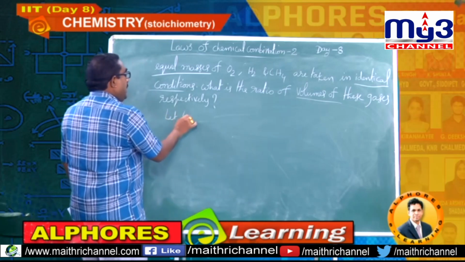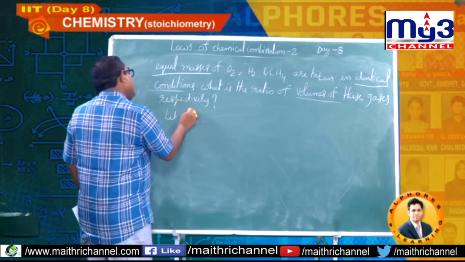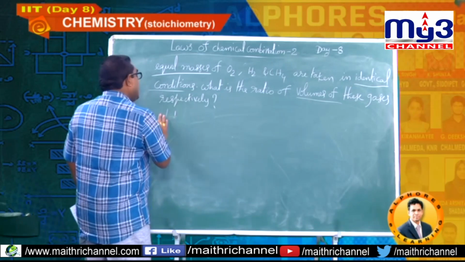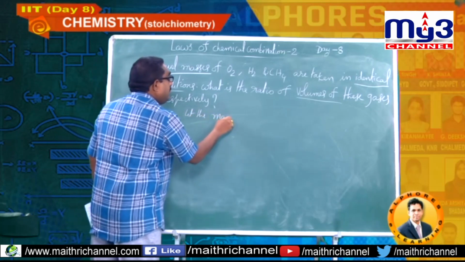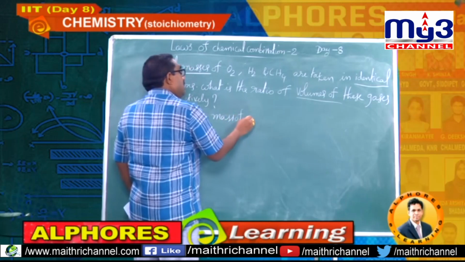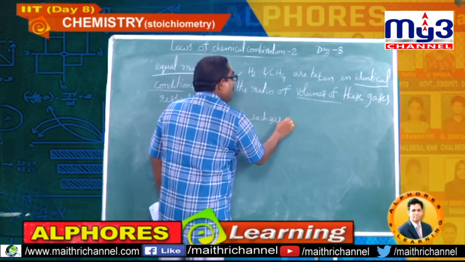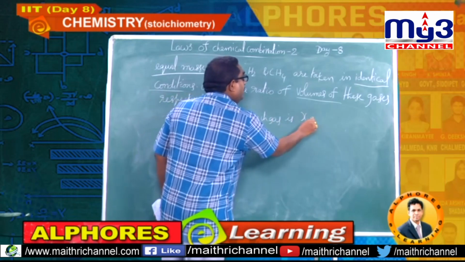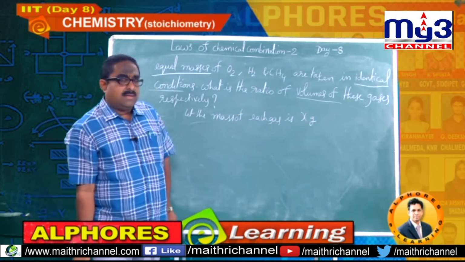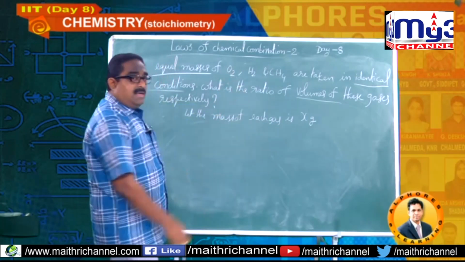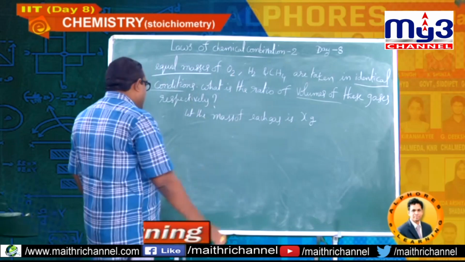Let me take the mass of each gas as x grams, because mass is same, equal masses, all are x grams of oxygen, x grams of hydrogen, x grams of methane. Let me calculate.